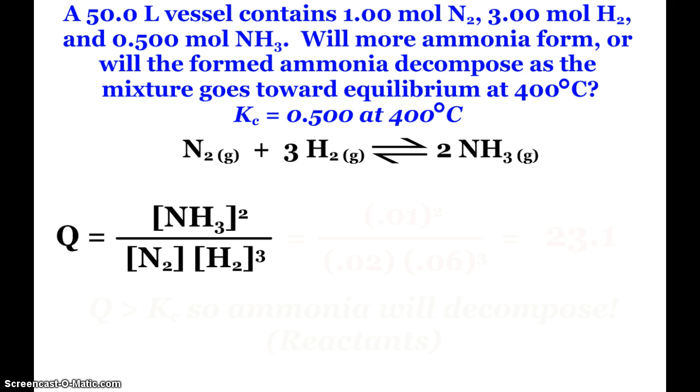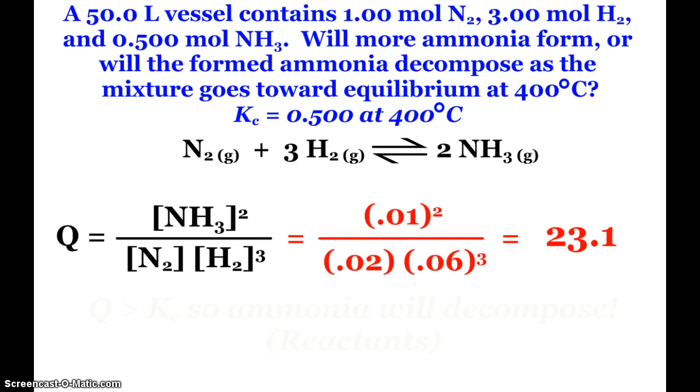And so all I have to do is plug my concentrations in. Again, concentrations. So 1 mole of nitrogen in a 50-liter vessel is 0.02 molar. And so there are my concentrations. Again, 0.5 moles of ammonia divided by 50, so my concentration is 0.01 squared.